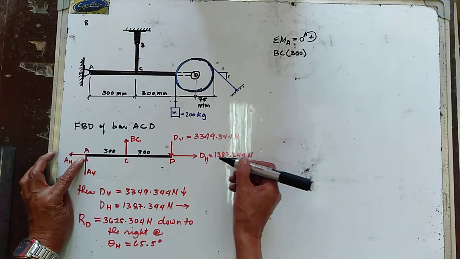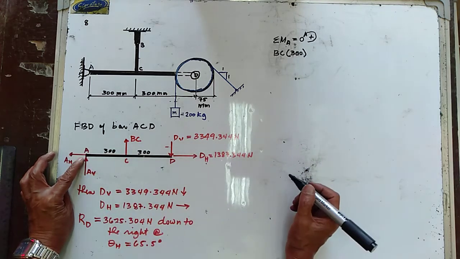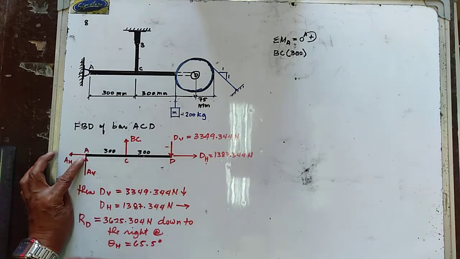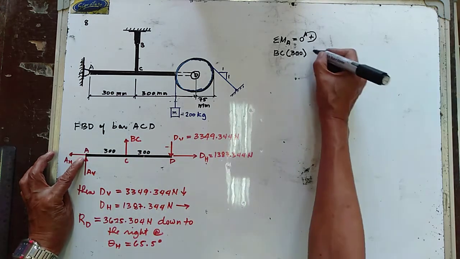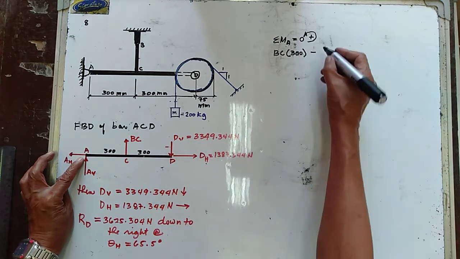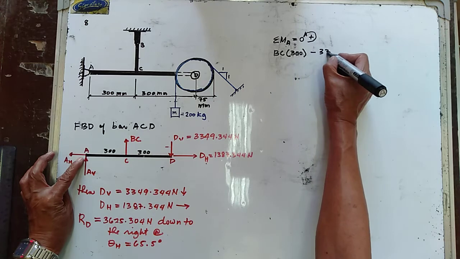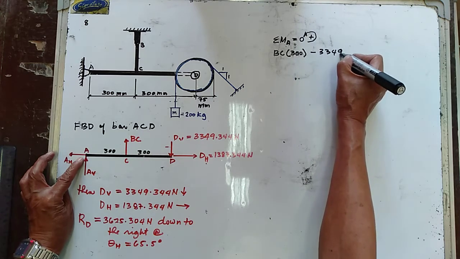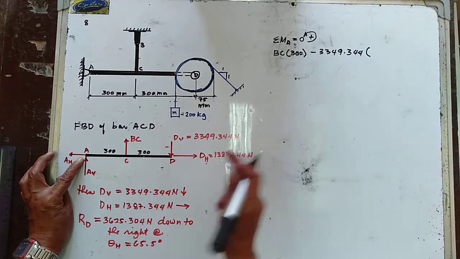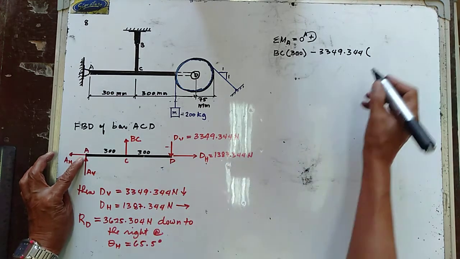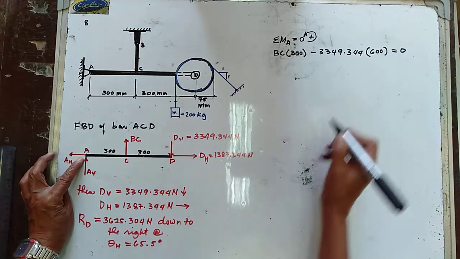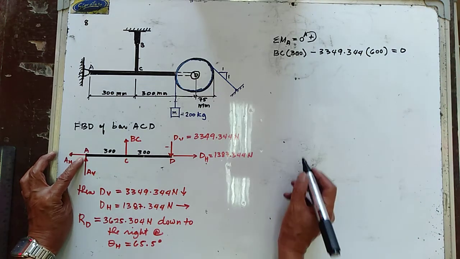D horizontal has no moment because it passes through point A. So your D vertical is going clockwise about point A. So minus D vertical, which is 3349.344 newtons, the moment arm is 600 millimeter, and that is equal to 0.